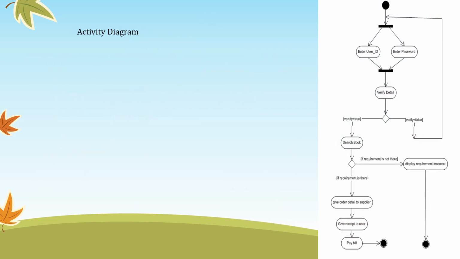Next diagram is your activity diagram. Basically an activity diagram uses this synchronization bar. Your activity diagram is usually shown for parallel processes or interactions. It is a flowchart type diagram.